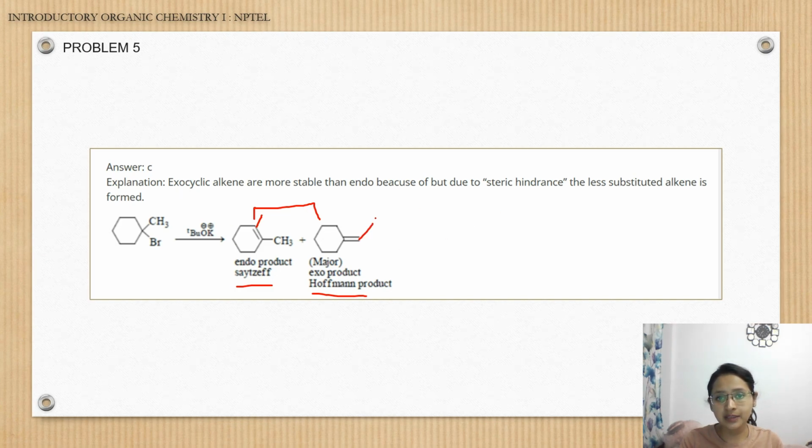Here there are two hydrogens, and in this case you have hydrogen and methyl, so there is a steric hindrance operative in this particular region. But if you compare it with the exo product, there is no steric hindrance in the alkene. So if you compare the stability to figure out which is major and which is minor, you will say that the alkene which is exocyclic is more stable than the endocyclic one because of less steric hindrance in the exo product. Is it clear now?